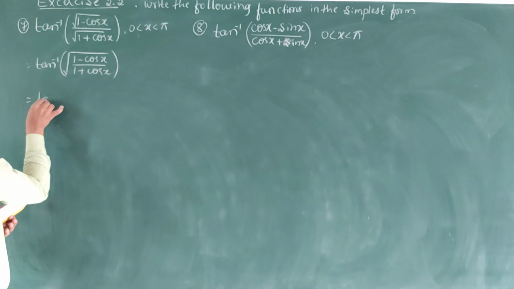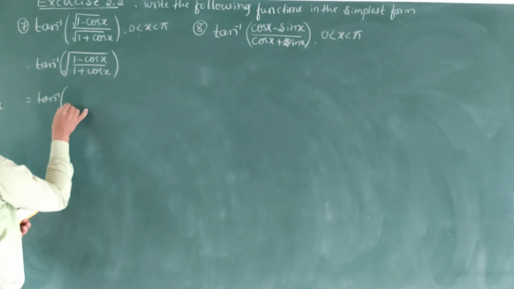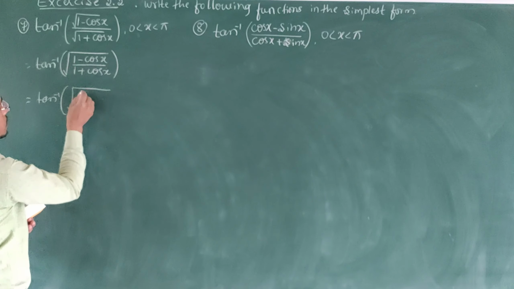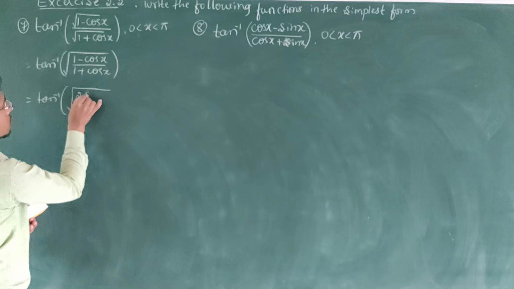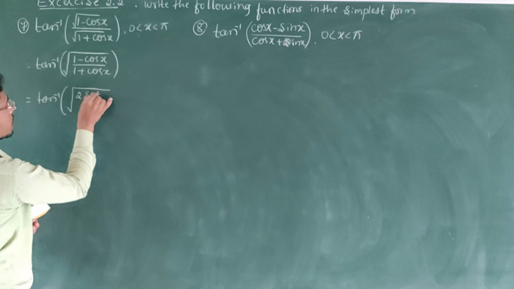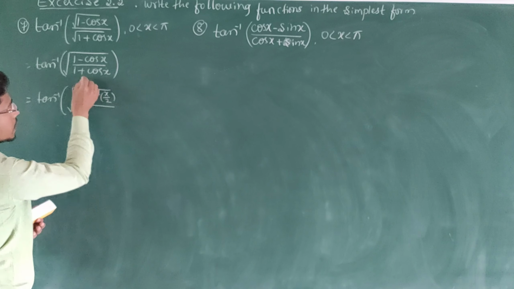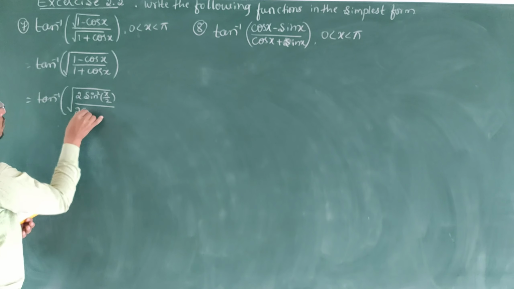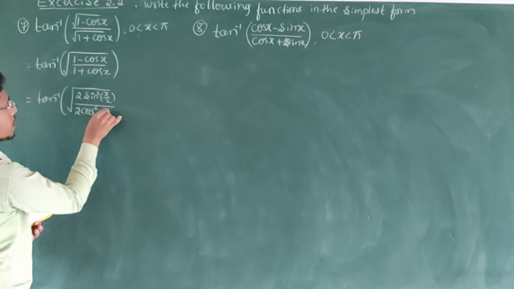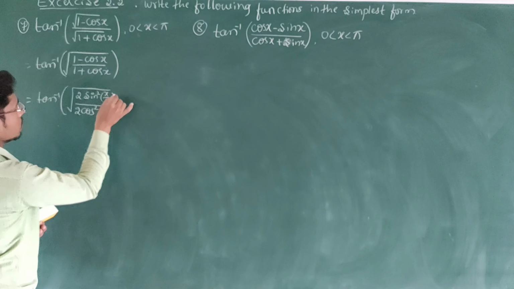I will use the half angle formulas, which you already know. 1 minus cos x is 2 sin square x upon 2, divided by 1 plus cos x, which is 2 cos square x upon 2.